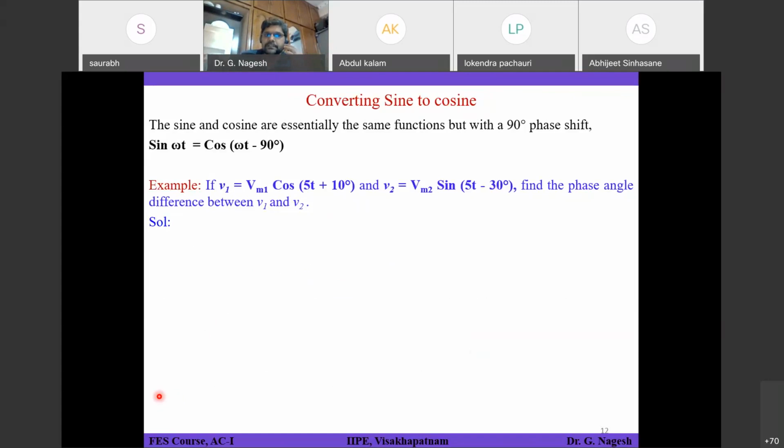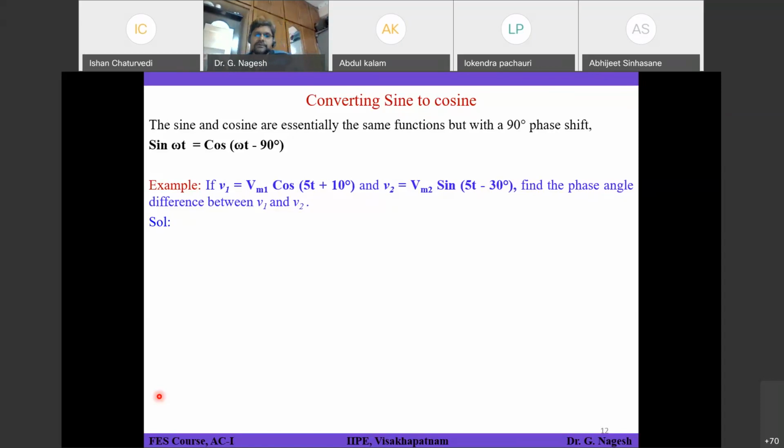So here I have given you an example. If V1 is equal to Vm1 into cos of 5t plus 10 degrees, and V2 is equal to Vm2 into sine of 5t minus 30 degrees, find the phase angle difference between V1 and V2. That is the question. 130 degrees.